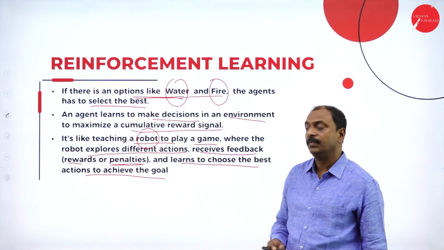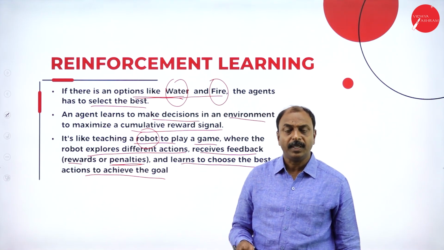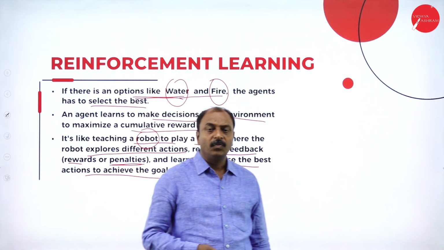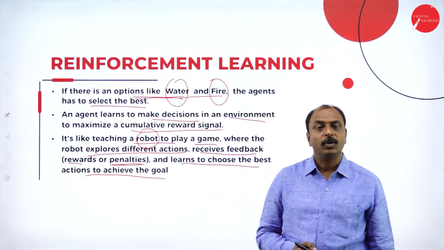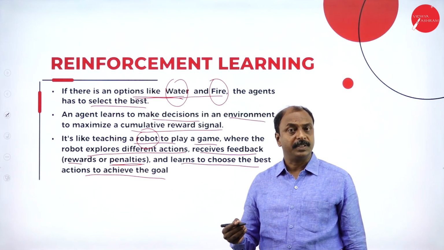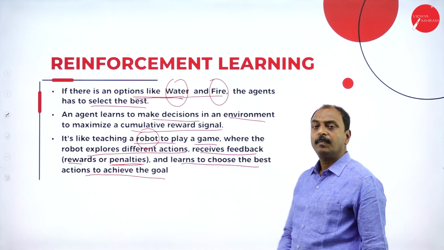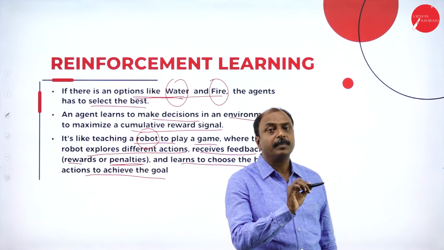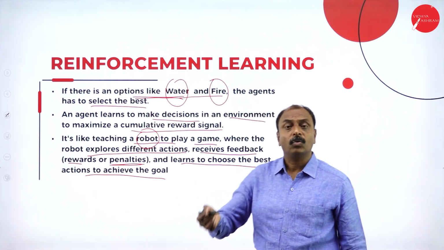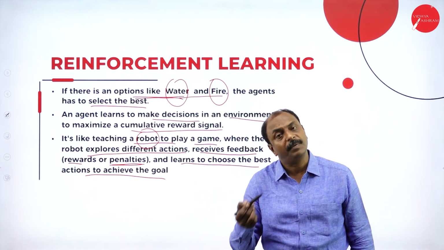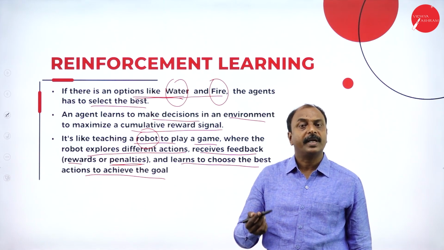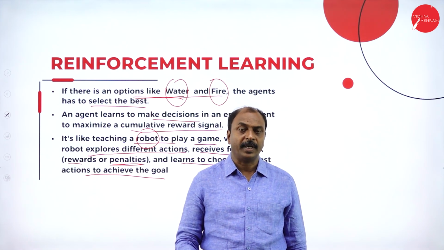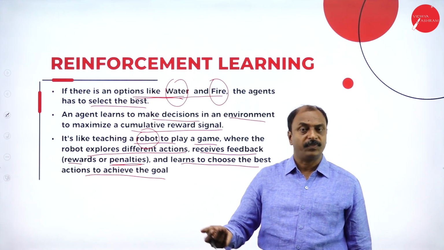A very good example even for this is online shopping. Whenever you go to a website, either Flipkart or Amazon, we buy a product by looking at the feedback from different customers. There are also a number of stars, star 1, 2, 3, 4, 5. That is nothing but the feedback. If the feedback is 5 out of 5, we assume that it is a good product, so we may buy it.